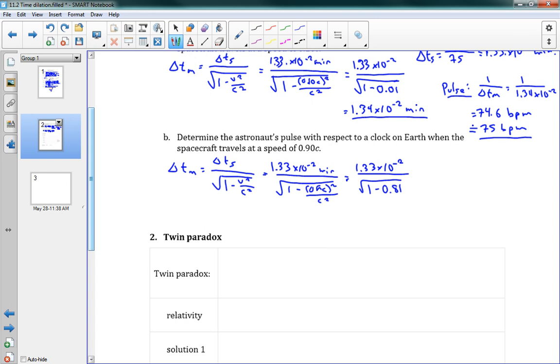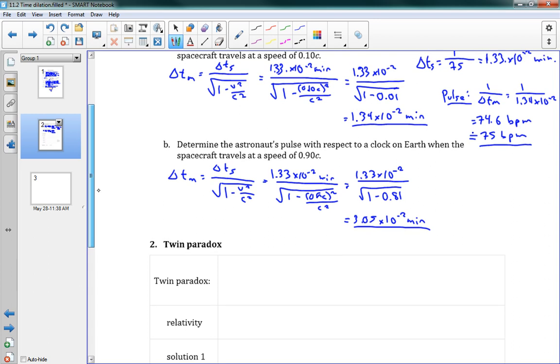And this gives us a result of delta Tm equals 3.05 times 10 to the minus 2 minutes. Okay, so you can see now from 1.33 to 3.05, we've more than doubled the duration of the pulse. So now we need to get the frequency of the pulse.